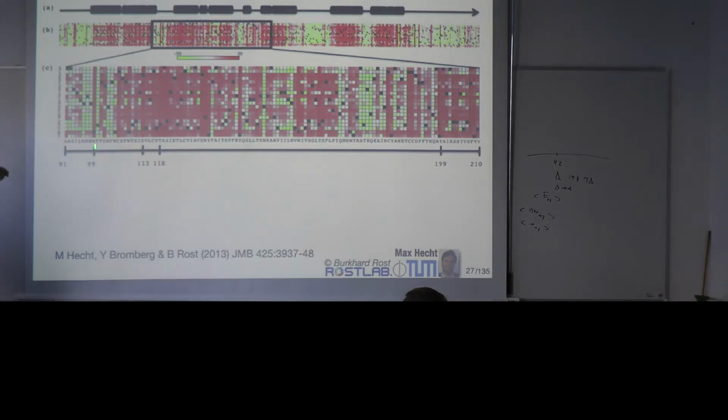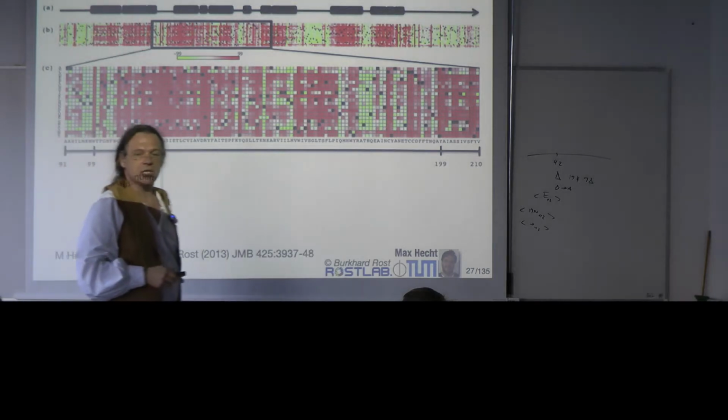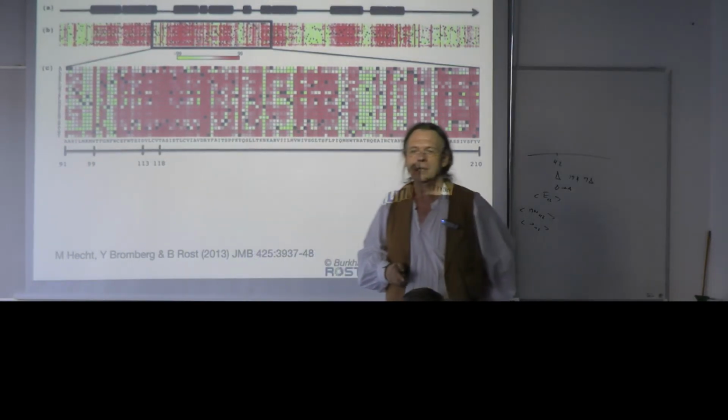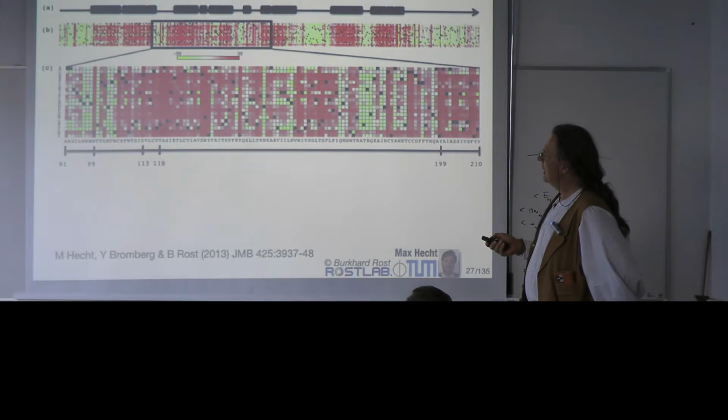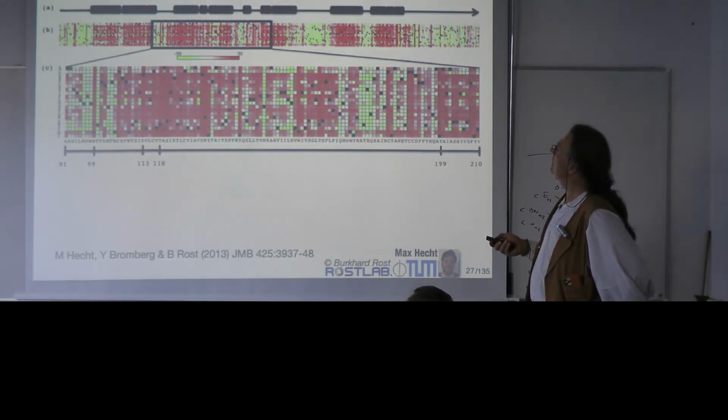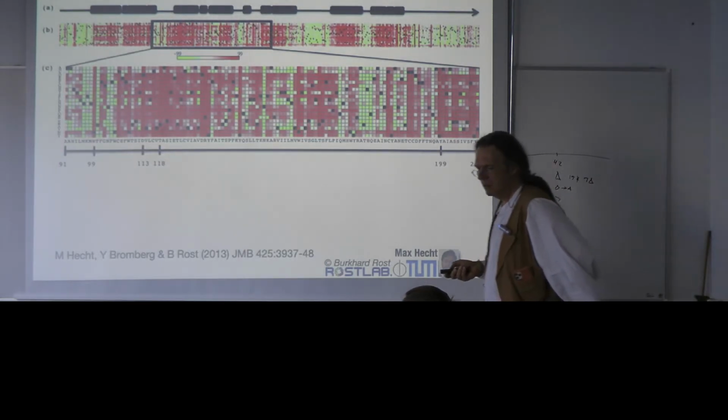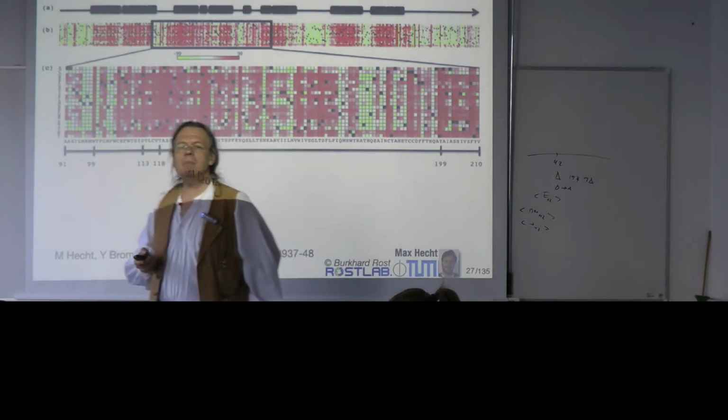Totally red means here's the native, and every variant, every SAV, against any other amino acid has a strong effect. That's why it's red. And you have a lot of red because this protein really is very sensitive to change. Yes? What does SAV mean? SAV is SAF, but it's not on this slide. Yeah, it is a single amino acid variant.